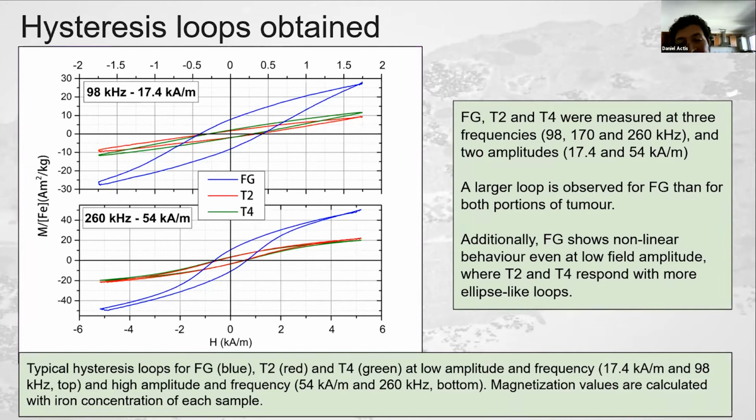For non-interacting nanoparticles in an ideal medium, the SAR should be concentration independent. But what happens when the concentration increases? Normally you have more agglomeration and more interaction between the nanoparticles. Here we are not seeing that, and that is interesting because both portions of the tumor have very different concentration and they respond the same way magnetically.